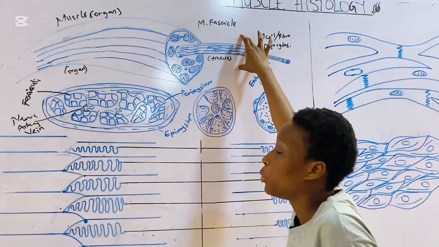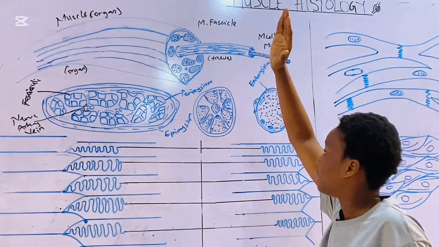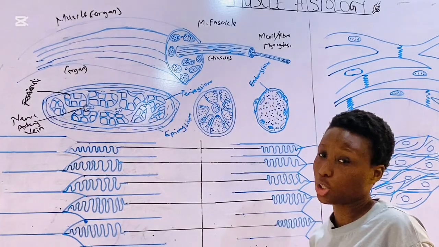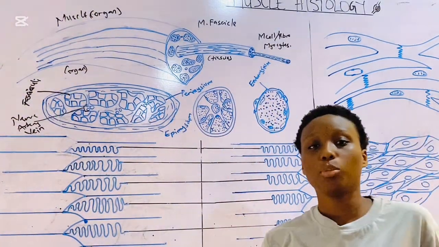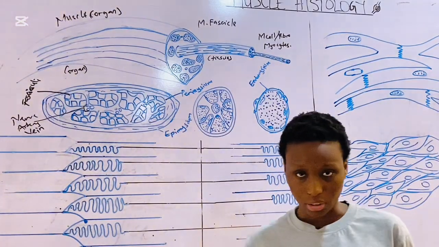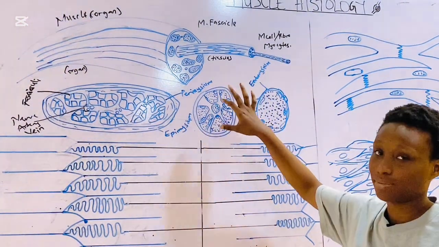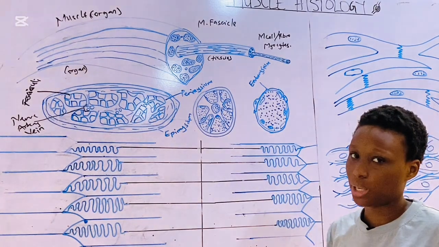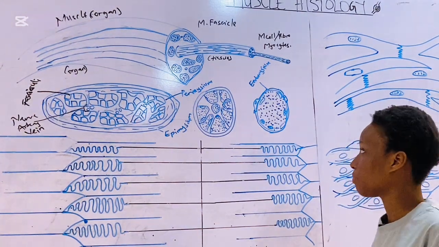So, we're going to deal with our muscle fascicle now. If we take a transverse section of our muscle fascicle, this is what we're going to see. Remember, each muscle fascicle is a bundle of cells. If this is a muscle fascicle, what are these things inside? Cells. Which type of cells? Muscle fibers or muscle cells?